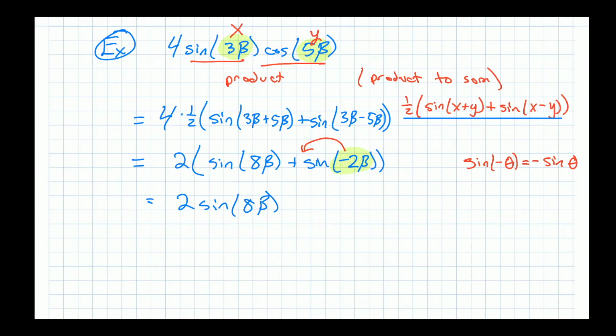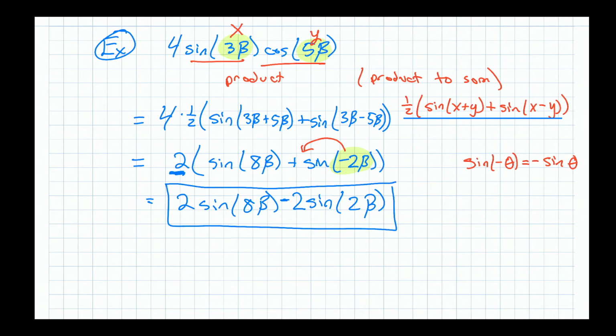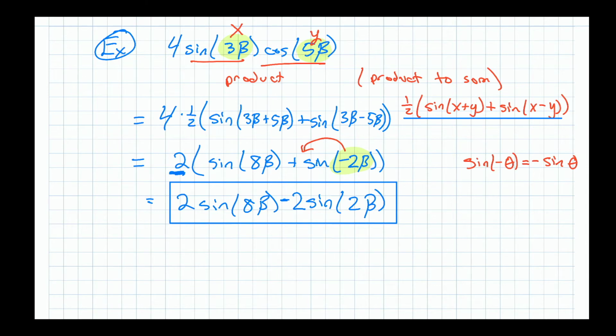We're taking that minus out front, so minus sine 2 beta, and I realized that I forgot to multiply this 2 through, so minus 2 sine 2 beta. And that's it. So not so bad at all, really.